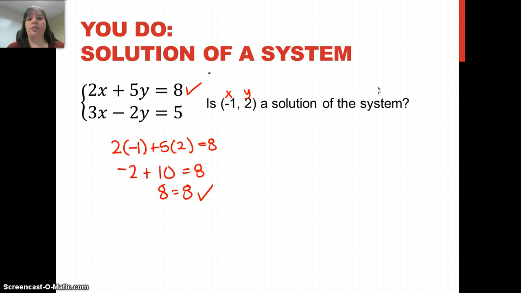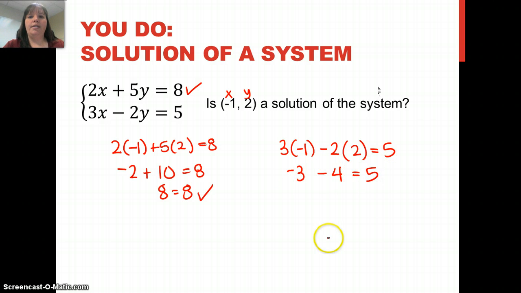Do not assume if this is a solution to one equation that it's a solution to both. Plug into the second equation. 3 times negative 1 minus 2 times 2 equals 5. Negative 3 minus 4 equals 5. Negative 7 equals 5.